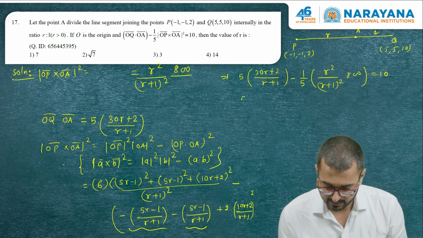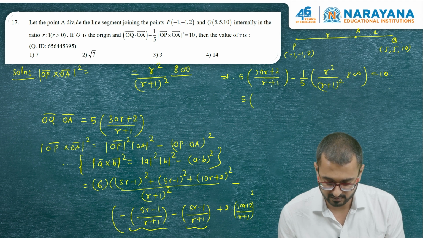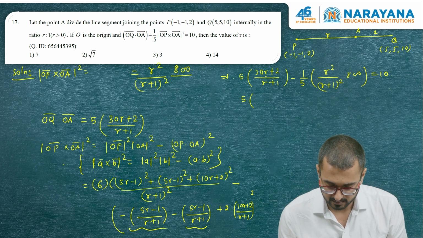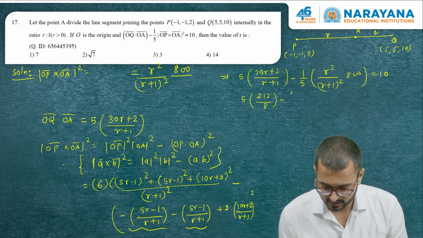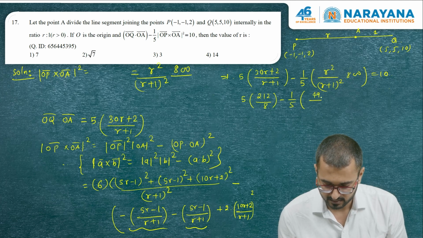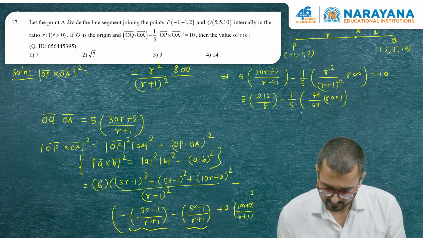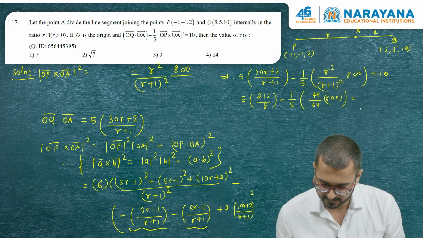So if I do option 1, then I'm getting 5 into 30 into 7. Oh no, sorry, 30 into 7. So 210 plus 2, 212 over 8 minus 1 over 5, and then 49 over 5 plus 1, 7 plus 1, 64 into 100. So let us see if this can be cancelled to get something.